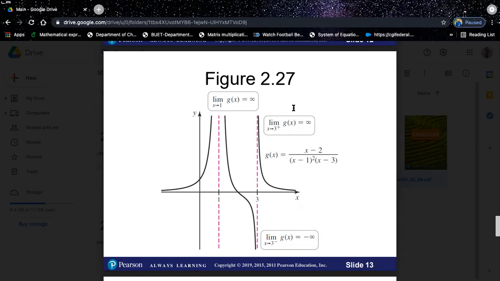Let's see this graph. Let's say we have a function x minus 2 over x minus 1, the quantity squared, times x minus 3. Okay, so this is the graph. Again, you will not be asked to draw a graph.